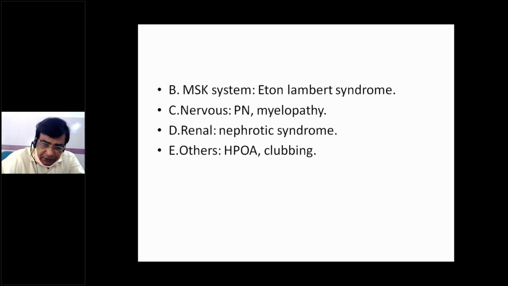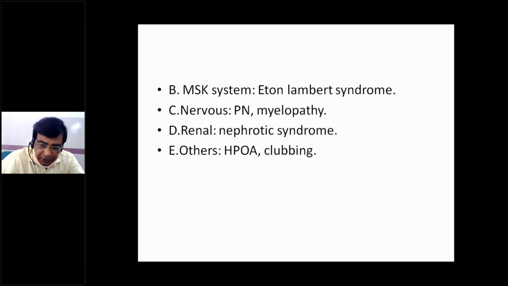Musculoskeletal features: Eaton-Lambert syndrome. I have told previously that Eaton-Lambert syndrome and myasthenia gravis are both musculoskeletal disorders, but myasthenia gravis is an autoimmune disease, but Eaton-Lambert syndrome is a variety of myopathy where there will be decremental change during electromyogram in myasthenia, but incremental change occurs in Eaton-Lambert syndrome.